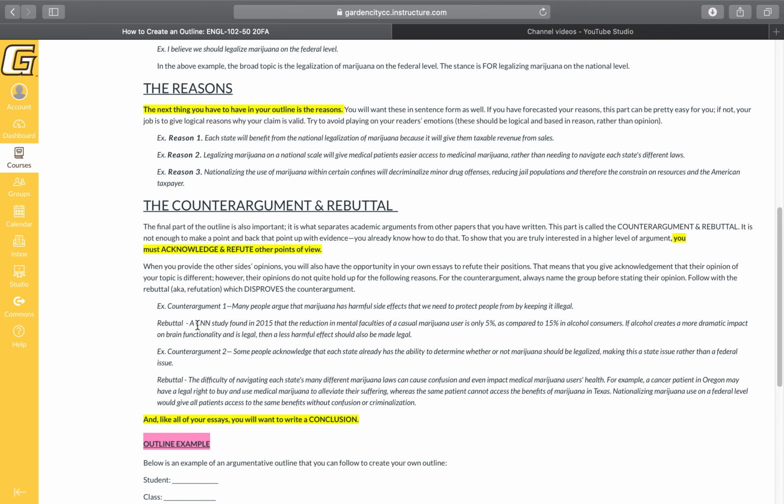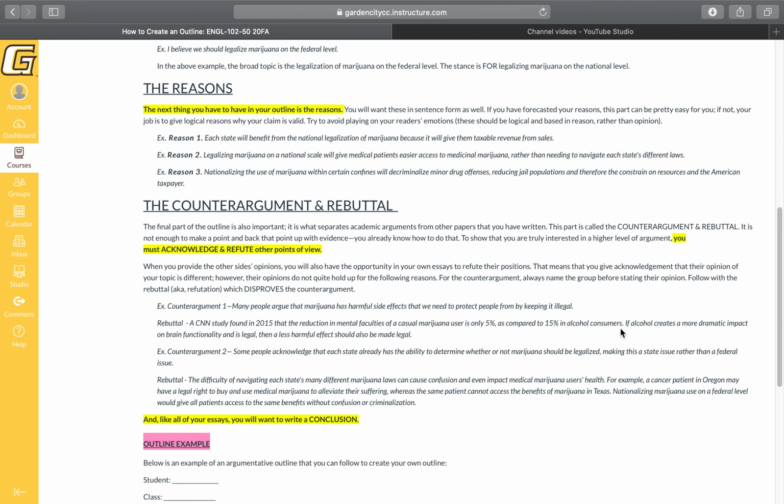Your rebuttal would say, while this is a valid concern, a CNN study found that the reduction in mental faculties of casual marijuana use is only 5% as compared to 15% in alcohol. If alcohol is more impacting to your brain and is legal, then a less harmful side effect should also be made legal.